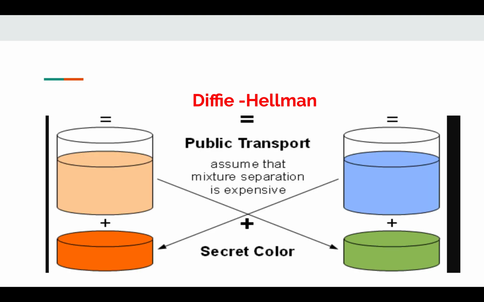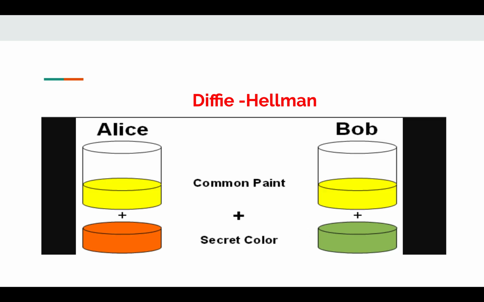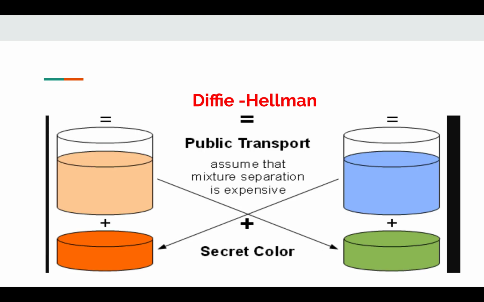All right. So the next step is that Alice will mix yellow with her orange, and Bob will mix yellow with his green, and what they will get is two kinds of colors. Bob gets a blue color, and Alice gets a kind of brown orange.